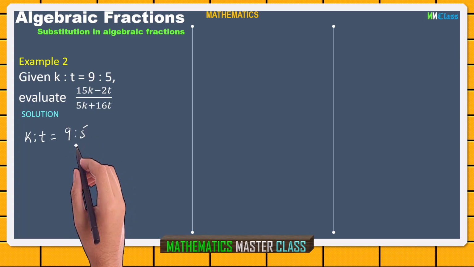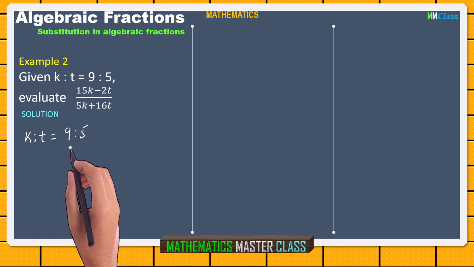This question did not say that k is equal to 9 and t is equal to 5. Even if you substitute like that, you arrive at the same answer, but you are not going to do that because the question did not say k is equal to 9 and t is equal to 5.